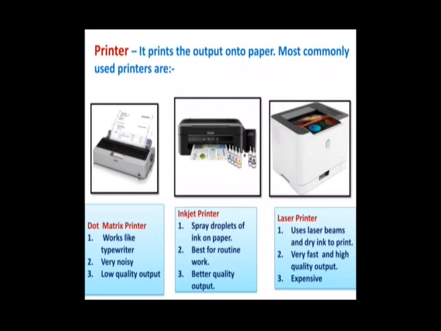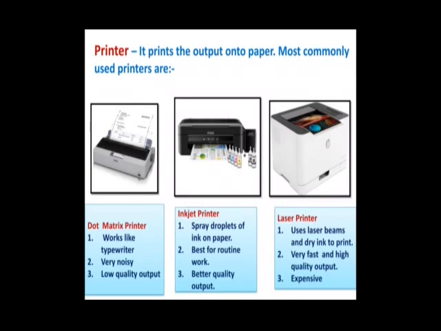Now the next is inkjet printer. Now in this inkjet printer, the first point written is spray droplets of ink on paper. So you can see on the screen also there are some small bottles. Yes, the colorful ones also and two black also, because it can give you both black and white and colored output.